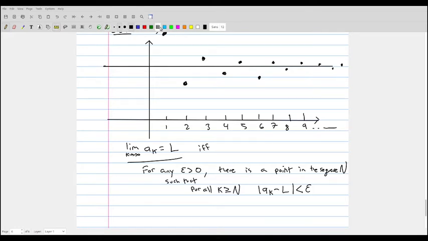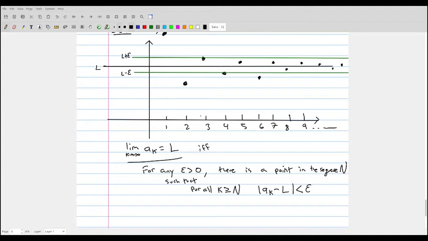For example, we'll draw the epsilon tube right here. This is L, this black line, and this is L plus epsilon and L minus epsilon.